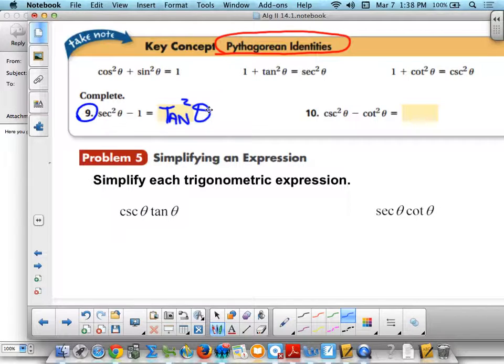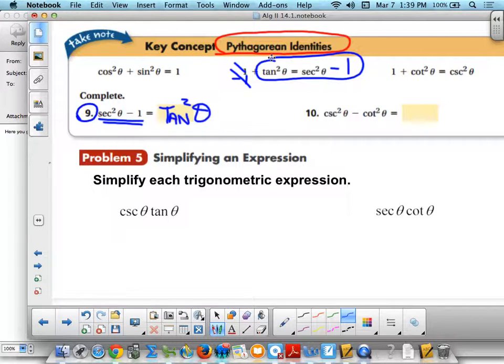He flips them around. He gets rid of this 1 by subtracting 1, and now he gets tangent squared equals secant squared minus 1. Is he right? Yeah, he's right.